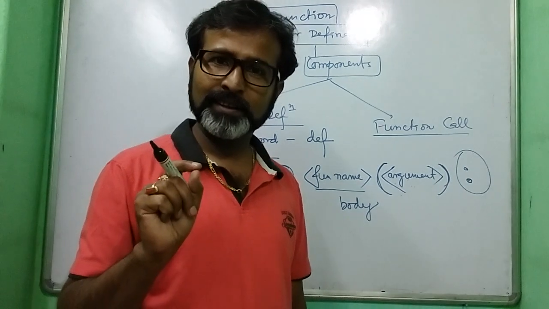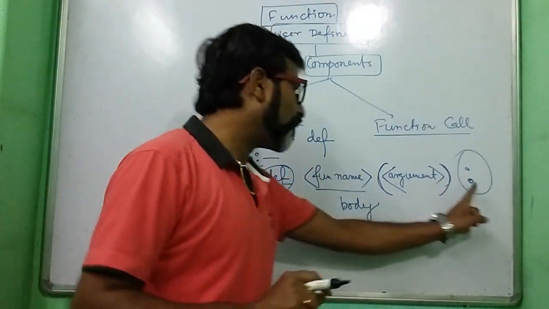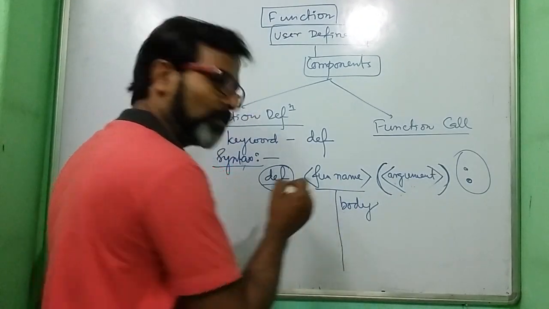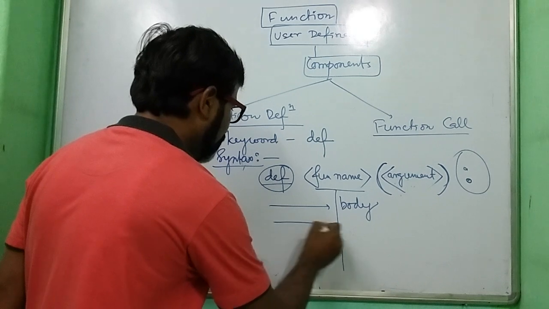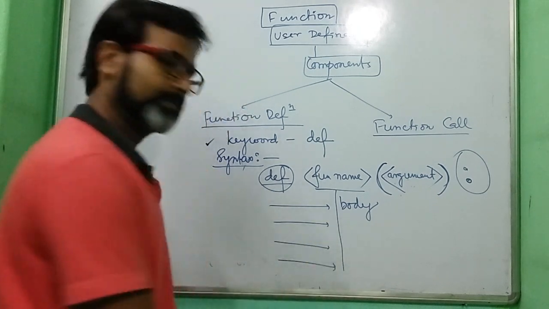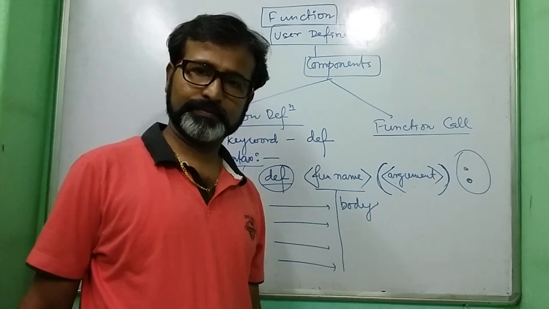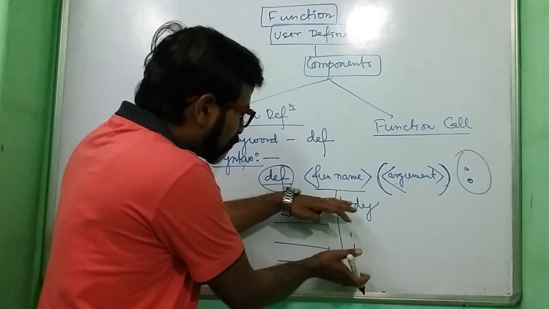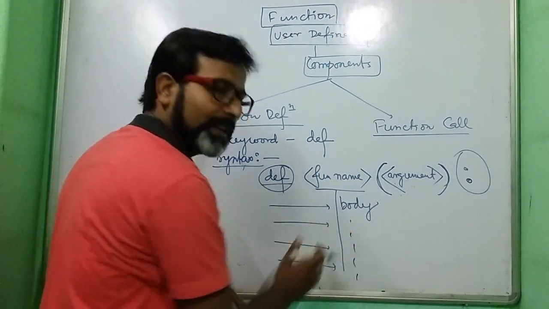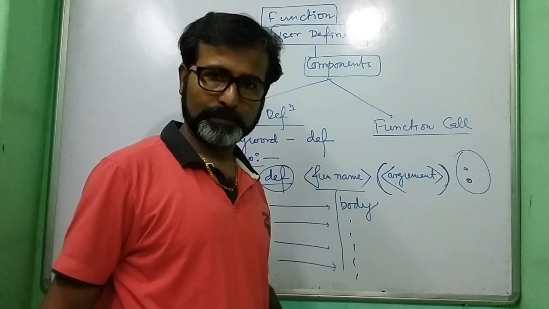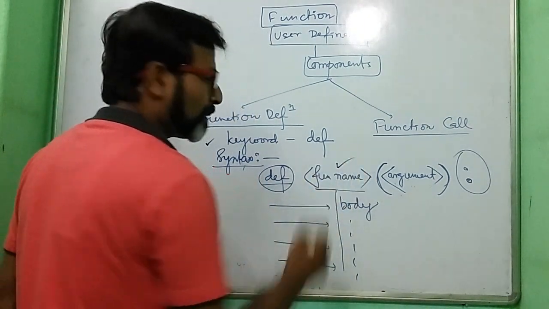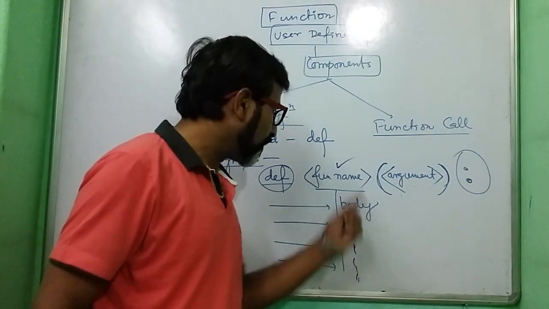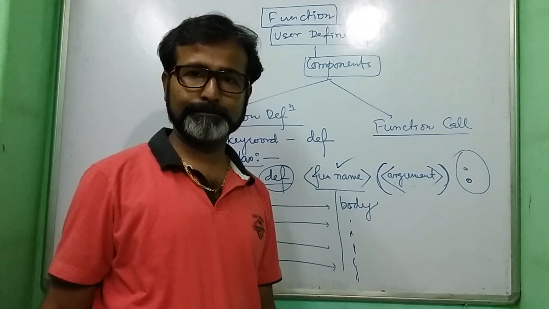That is the starting of a body. After this, the body will come over here, and you just see this is indented. Indented means I can have more than one line. Whatever lines should come inside the function body should be indented, and that you all know very well. So whenever I will call this function, all these lines will be executed.